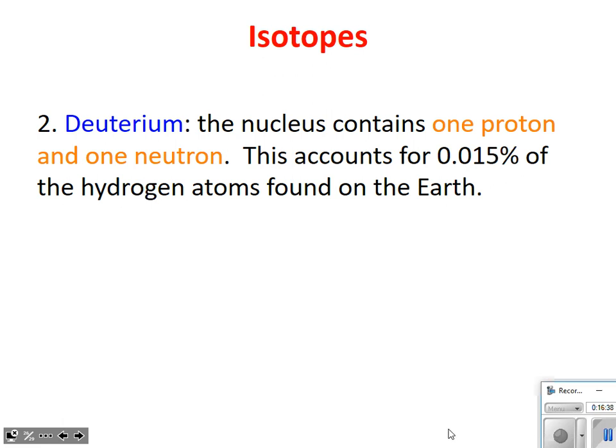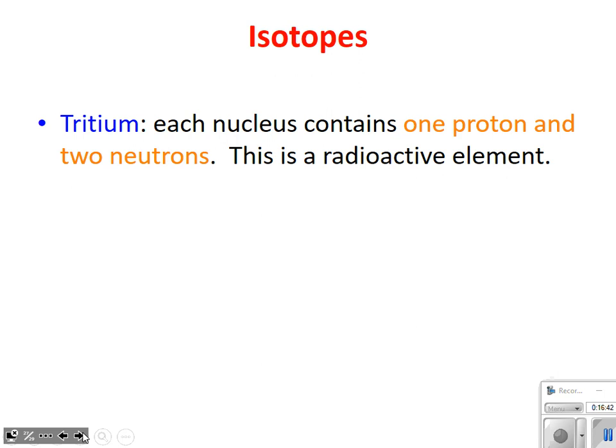The third one I'm going to talk about is tritium. Tritium contains one proton and two neutrons. One proton, two neutrons.